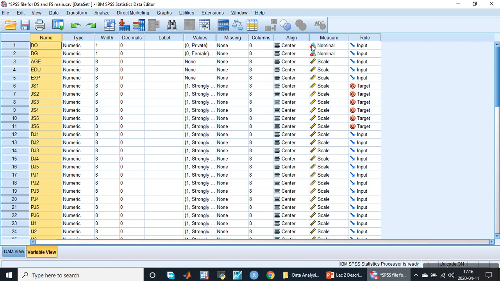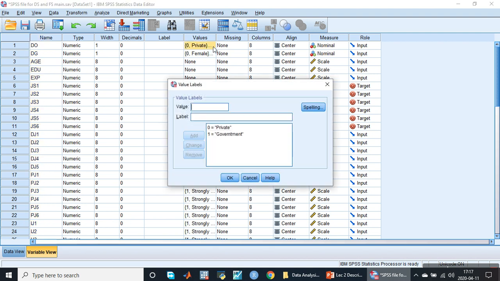So first of all, it is very important for us from the very beginning that we should know what is meant by nominal scale and what is meant by Likert scale. These 2 are called categorical variables because dummy for organization has 2 categories. The organizations are divided into 2 groups, private organization and government organization.